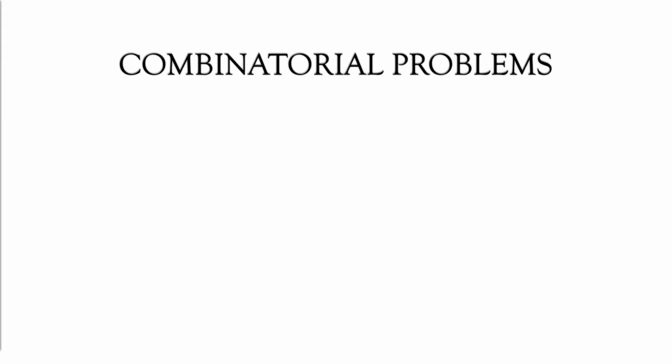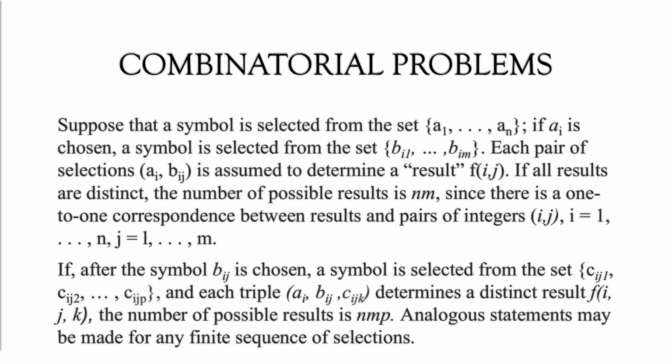So let's have the next slide. The idea is that suppose that a symbol is selected from the set a sub 1 up to a sub n. If a sub i is chosen, a symbol is selected from the set b sub i1 up to b sub im.